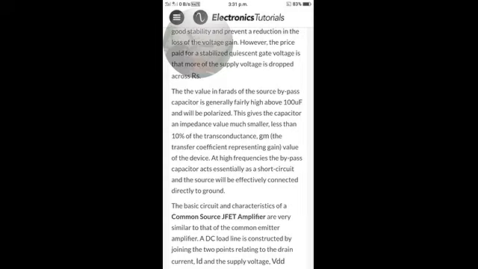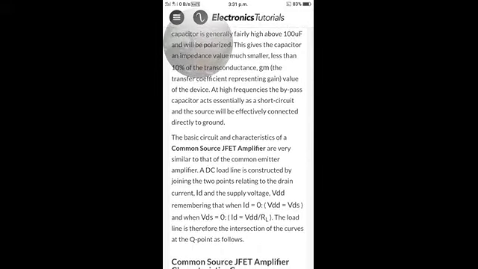The characteristics of the common source JFET amplifier are very similar to the common emitter amplifier. A DC load line is constructed by joining the 2 points relating to the drain current ID and the supply voltage VDD, similar to the VCC and IC.